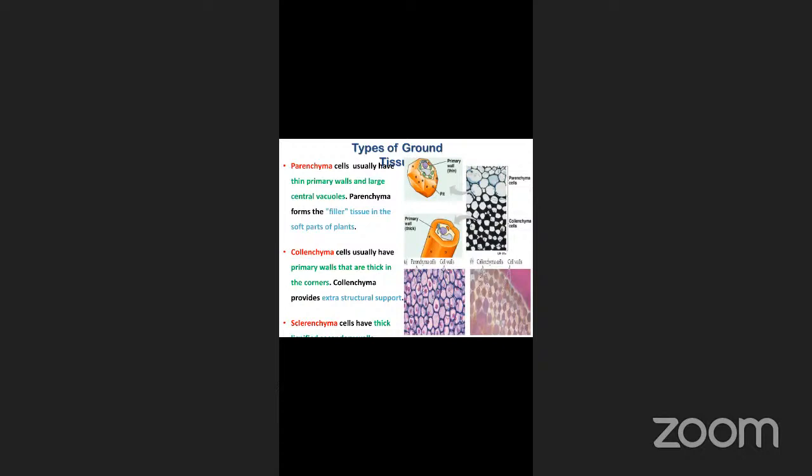It participates in different main physiological functions: photosynthesis, assimilation, respiration, storage, secretion, etc. Those are the main functions of this simple tissue, parenchyma.